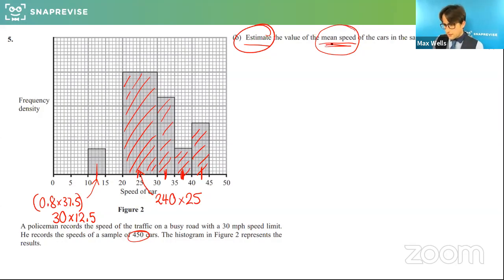Okay, anyone got a value? Anyone done it? I know some of you have flown ahead throughout this, which is brilliant. Lovely. Right, so absolutely, you're going to add it all up and divide it by 450.